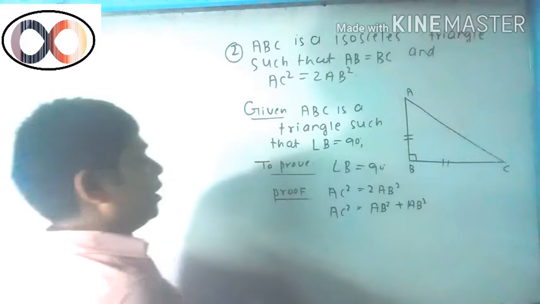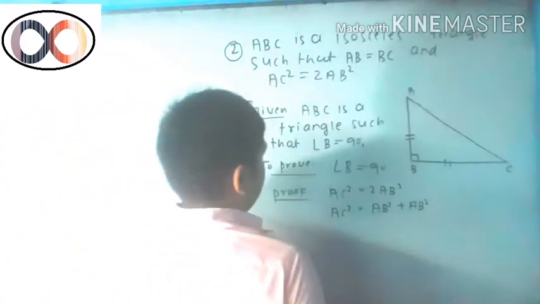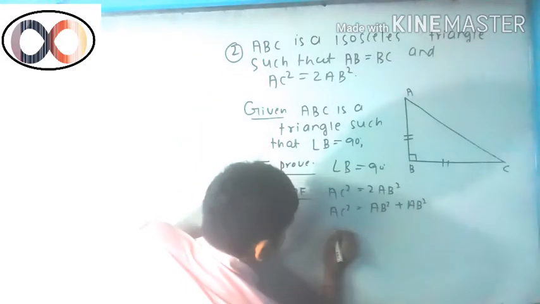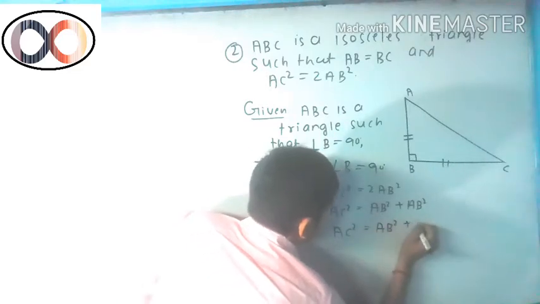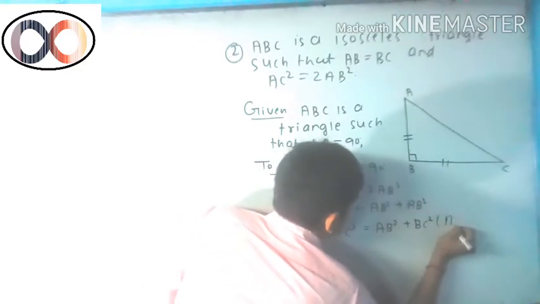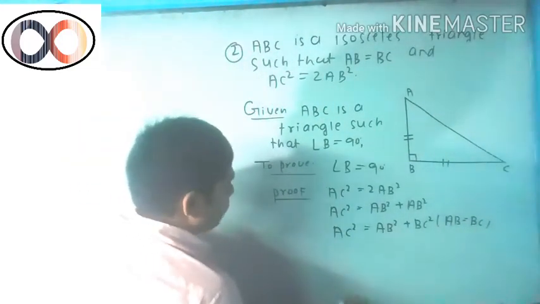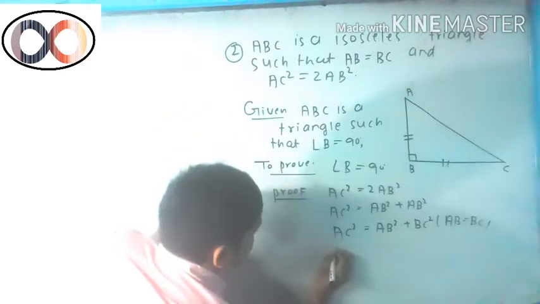I wrote angle B equals 90 degree, which is wrong, and you should correct it. You should not write angle B equals 90 degree in the given part, because we need to prove that B equals 90. By mistake I wrote B equals 90 in the given part, so please rectify it.